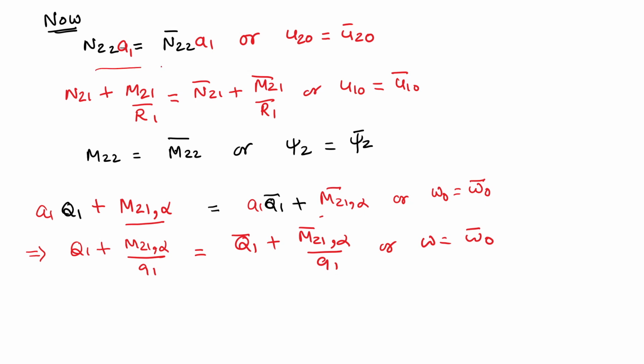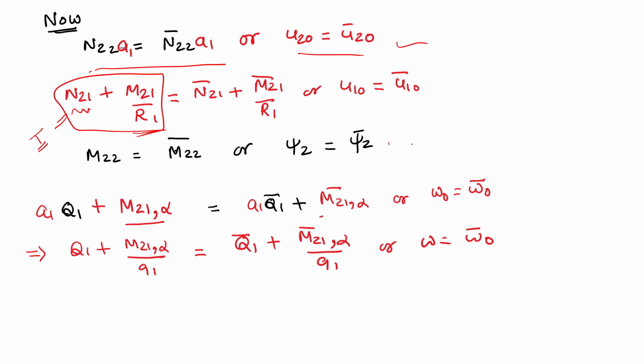Now the boundary condition will be either n22 or u20. Then the next combination will be n21 plus m21 by r1, a club term. So it is generally expressed like T n21 plus u.